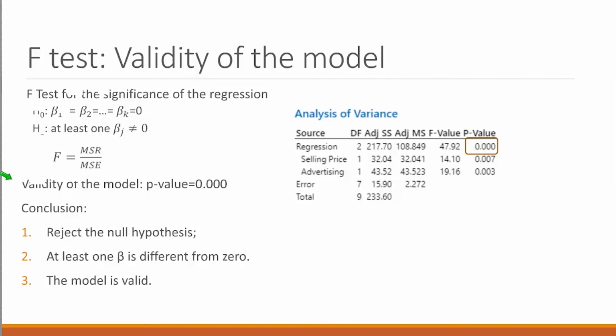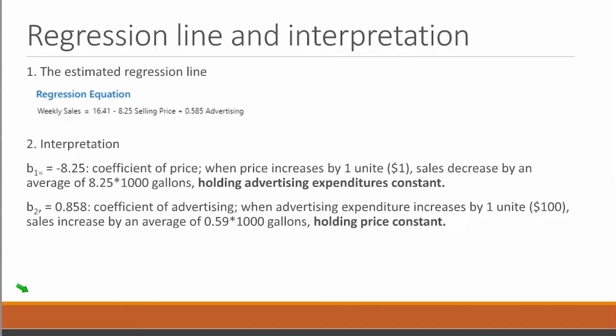With this test and this p-value, we can tell several things, not just that the model is valid. We can also say that we now verify that at least one beta is different from 0. And furthermore, I didn't put it here, but now I do want to.